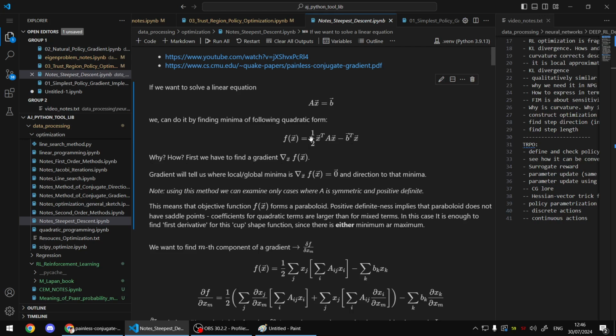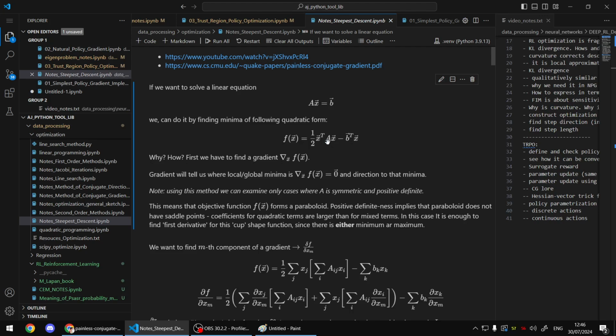There's some consideration that this A should be positive semi-definite, which means if it was one-dimensional, it would be just a parabola pointing up. That means that it has this unique minimum.